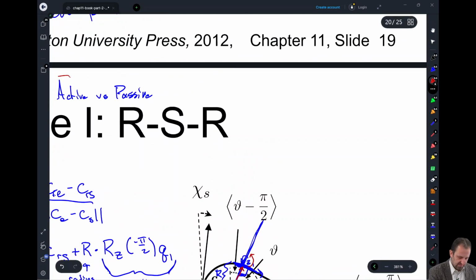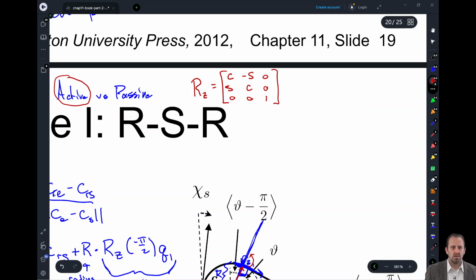Our active rotation matrix, let's just write this out, RZ is going to be equal to, we'll have a cosine, and we'll have the negative sign up top. And then we'll have our sine, 0, cosine, and we have 0, 0, 1, 0, 0.